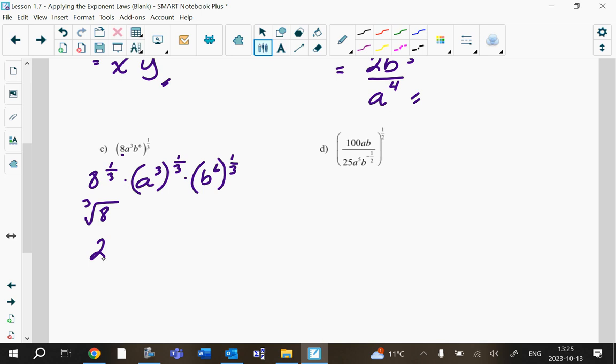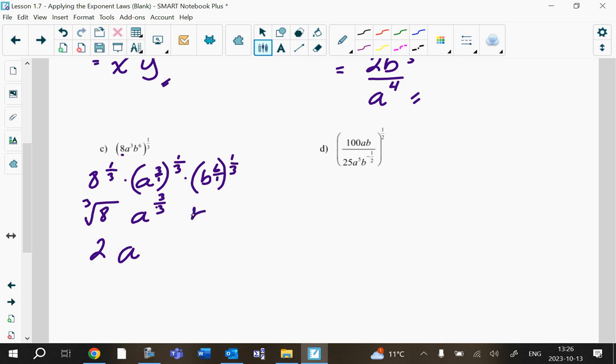Here we've got to multiply the exponents. We're multiplying a whole number by a fraction, so change the whole number to a fraction. What do you get when you multiply these two? A to the 3 over 3, which is the same as just a to the 1, or a. This one, you got to do 6 over 1 times 1 over 3.